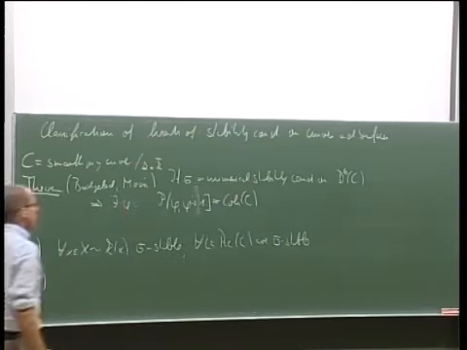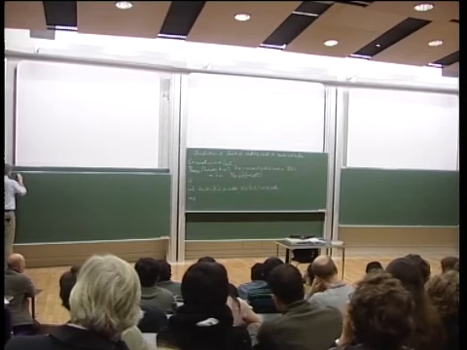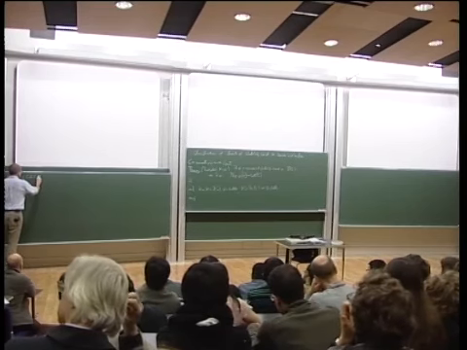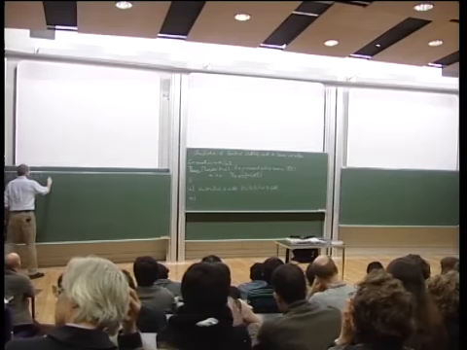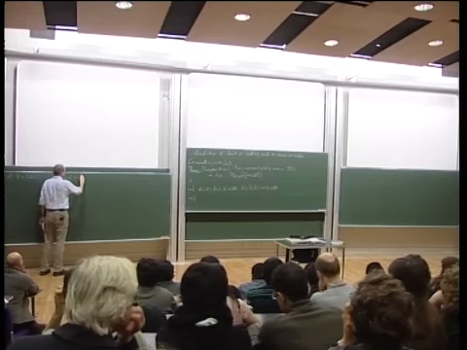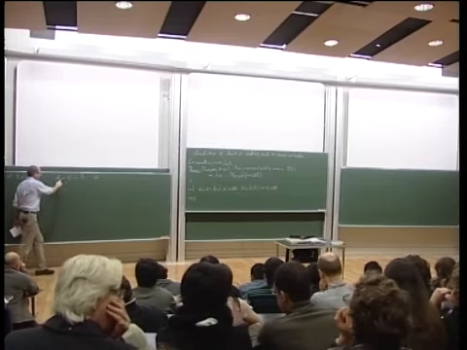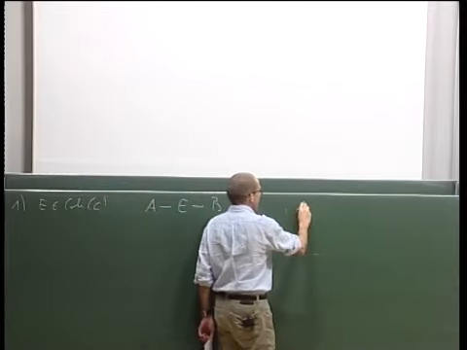Okay? And I break this up into steps. So the first step is, I take a coherent sheaf, and I suppose that I have an exact triangle A, E, B. So this is an exact triangle. So E is a sheaf, but A and B are complexes.